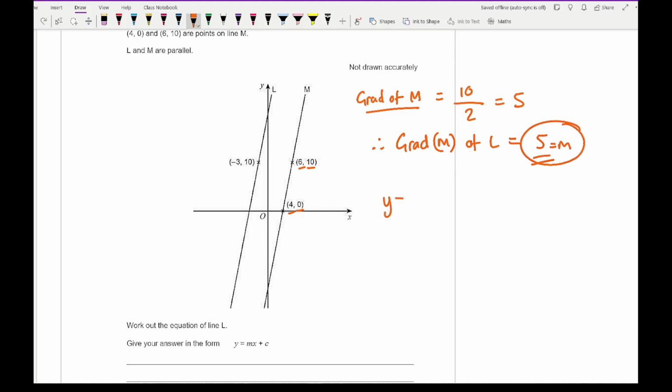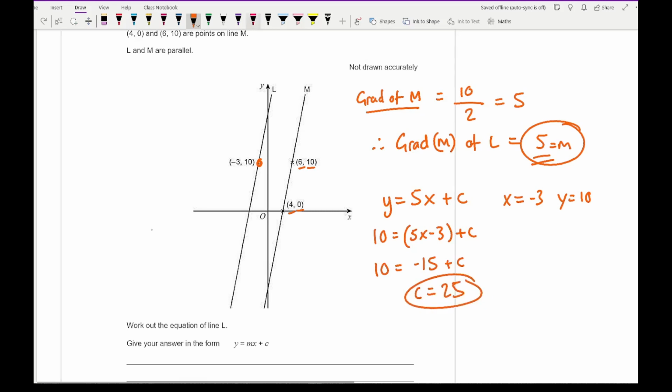So here I've got y equals 5x plus c. Now I know a coordinate that lies on the line L, which is (-3, 10). So x equals -3, y equals 10. So if I substitute those numbers in, I get this. And then simplifying it, I get -15 plus c. So c equals 25.